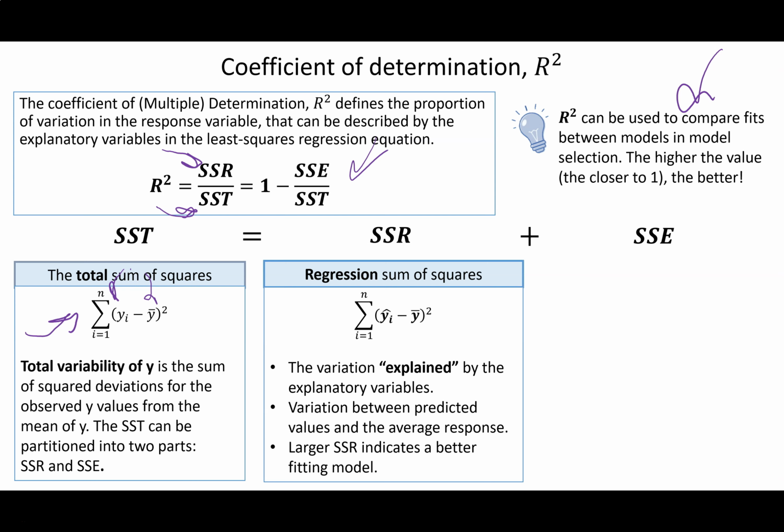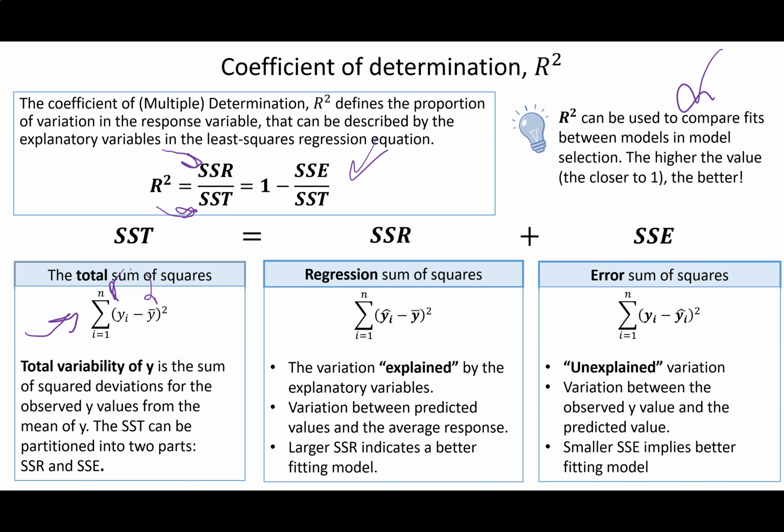It looks at variation between the predicted values and the average response. And then this is left over, the error. So the error sum of squares is what's left unexplained by the model. So we have what's explained by the model plus what's not explained by the model. What we get is all of the variability there is to explain.